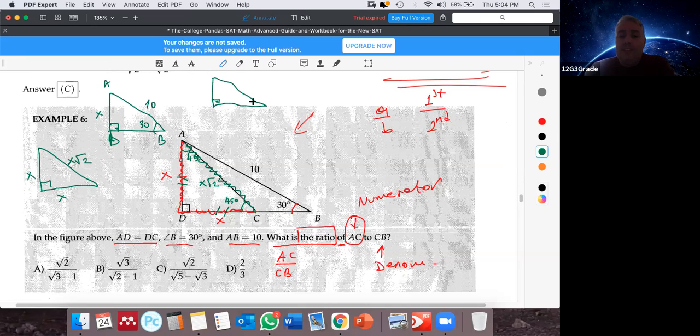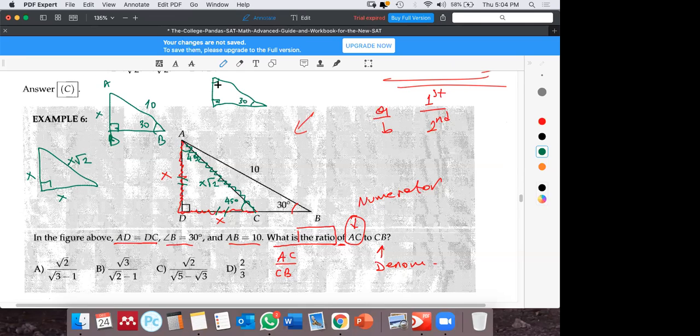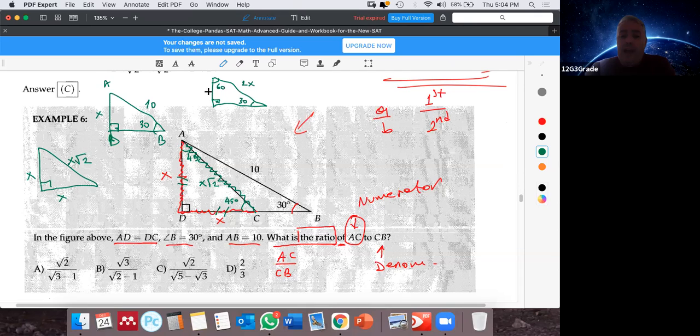If this is 30 degrees, this is 60 degrees, 2x, x root 3, we said. In this question, opposite of 90 degrees is 10, opposite of 30 degrees is always half of the hypotenuse, which is 10 over 2, which is 5. So we already calculated AC. AC is now 5. Any question for this?